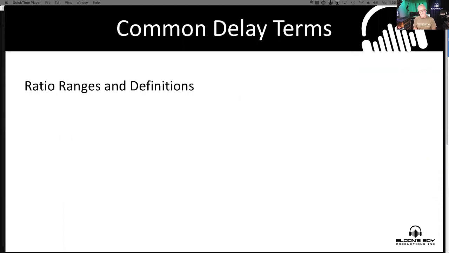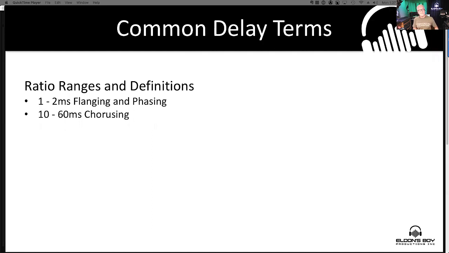Let's talk about some ratio ranges and definitions. The thing to keep in mind is the time dictates what kind of effect it is. If you're working with a delay in the 1 to 2 millisecond range and you're blending it with a source, that is more often than not going to sound like flanging and phasing, depending on how you use some of the other pieces of the delay.